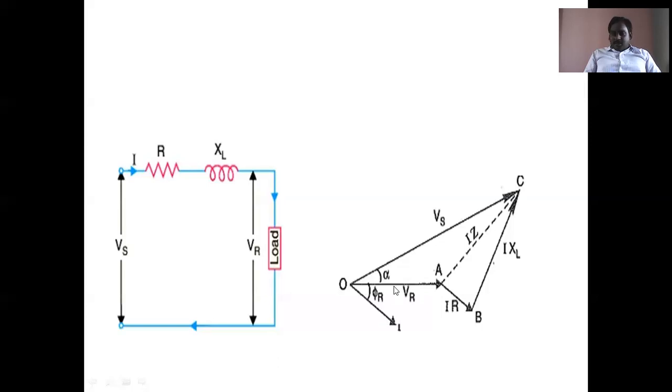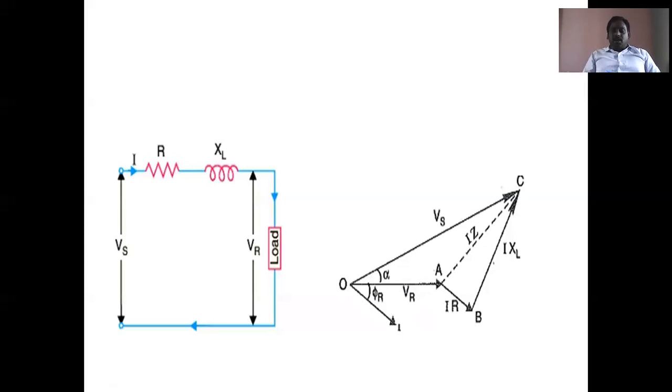See here, this is the VR phasor, the receiving end voltage phasor, and this is the receiving end current phasor. The angle between the receiving end voltage phasor and the receiving end current phasor is called the power factor angle. And the cosine of the angle between them is called the power factor, cos phi r.